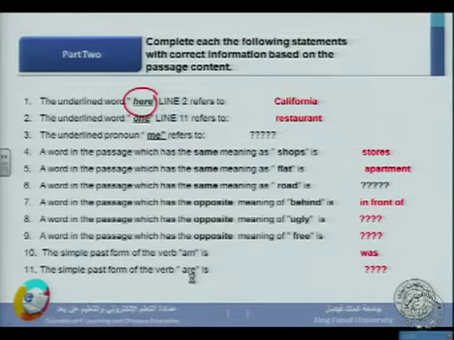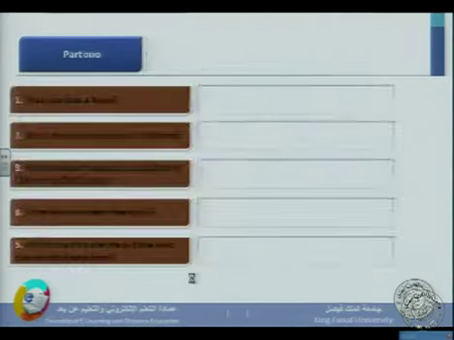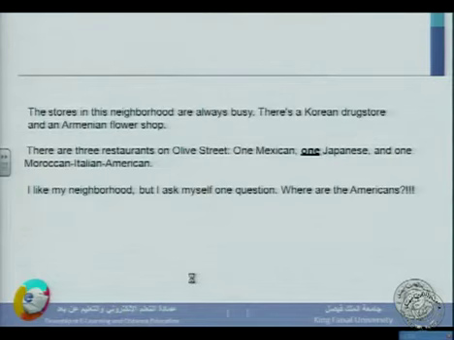Also, the underlined word one refers to. This is the underline, line number 11. One Mexican, one Japanese, and one Moroccan, Italian, American. So one receiver here and here and here.